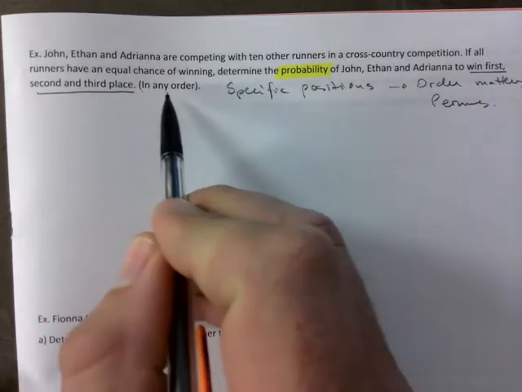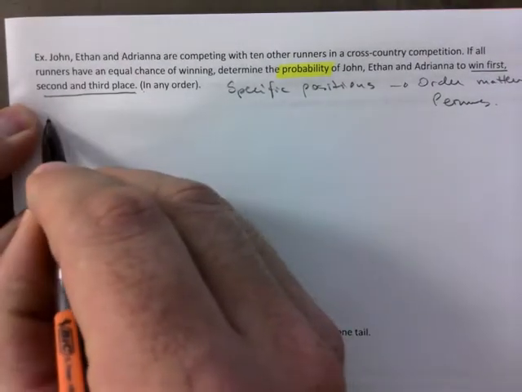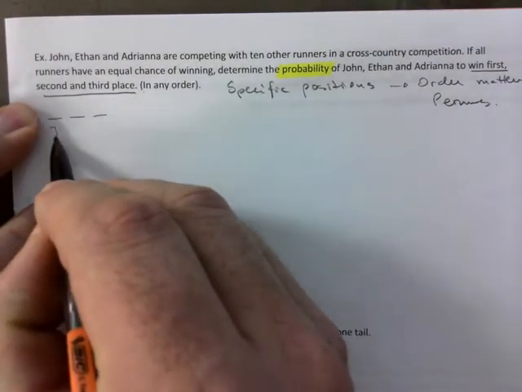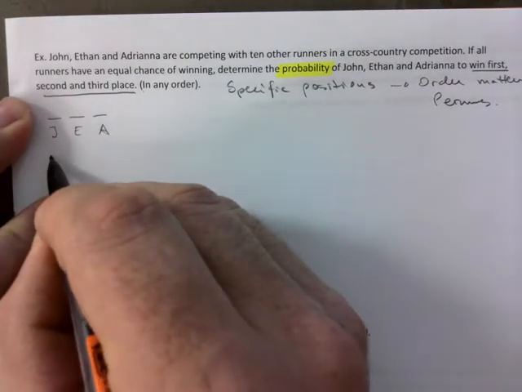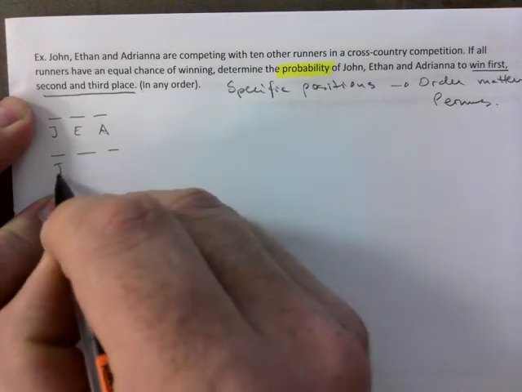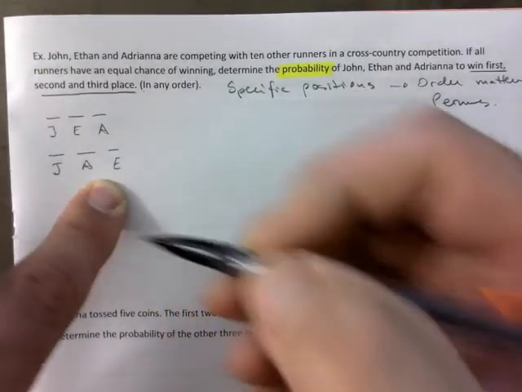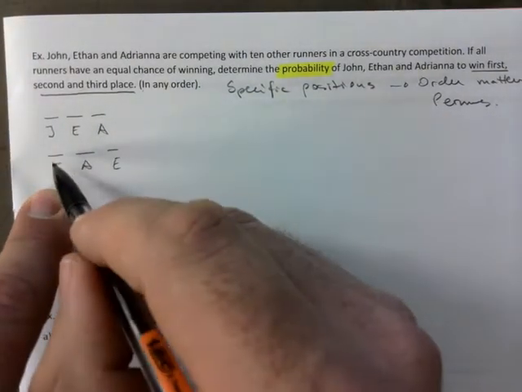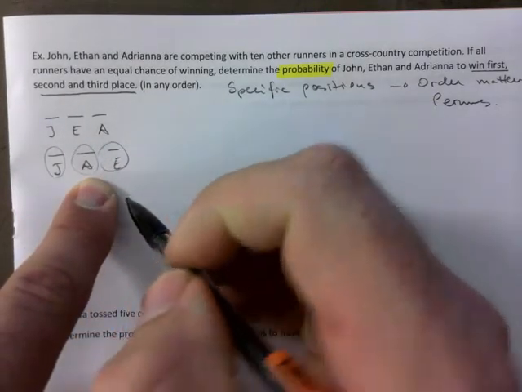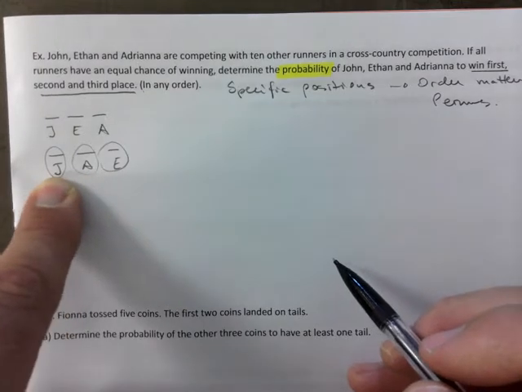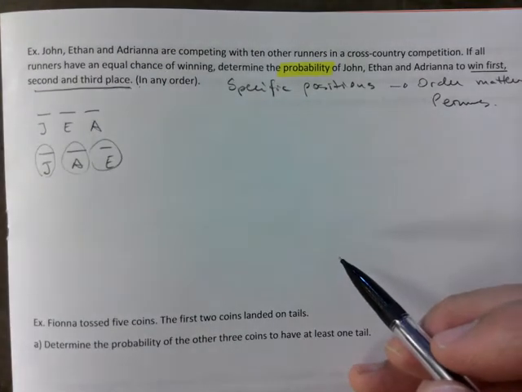Because there are specific positions, it does matter if, for example, you have John, Ethan, and Adriana, or John, Adriana, and Ethan, because there is a specific position mentioned, first, second, and third, order would matter.